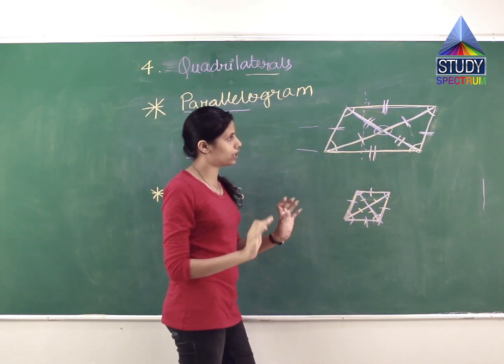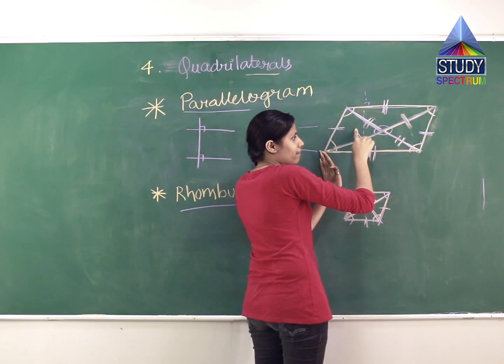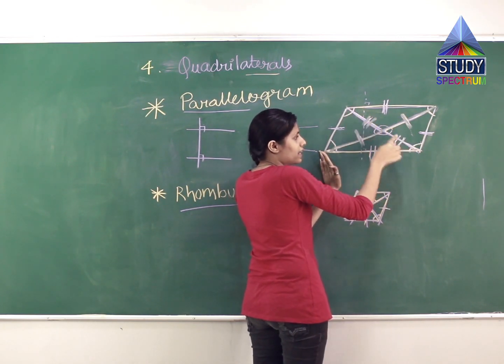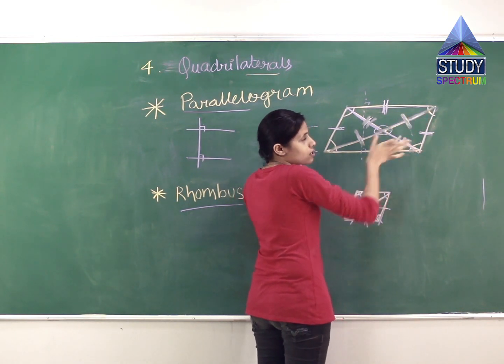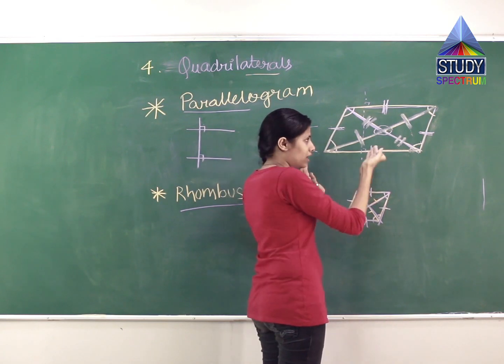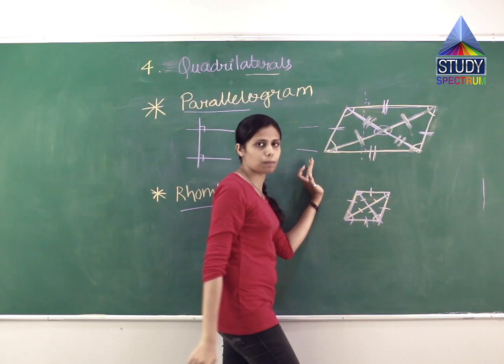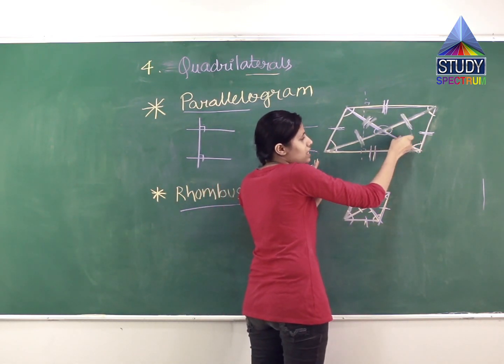Over here, one diagonal is equally divided, and the other diagonal is also equally divided. But it is not necessary that this and this should be the same in length. Ultimately, the answer is no. They cannot be the same, because if they are the same, then it will be a square. They have to be different in length. See, it has 1 unit whereas it has 2 units.